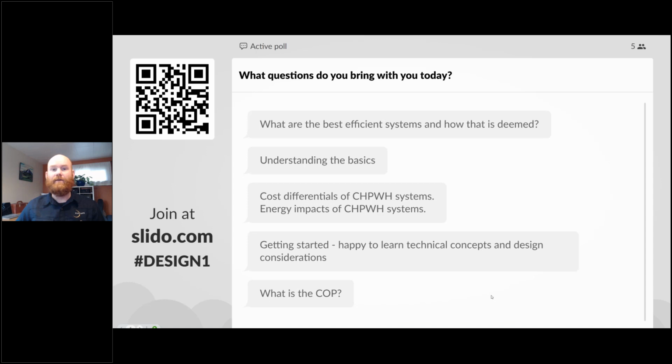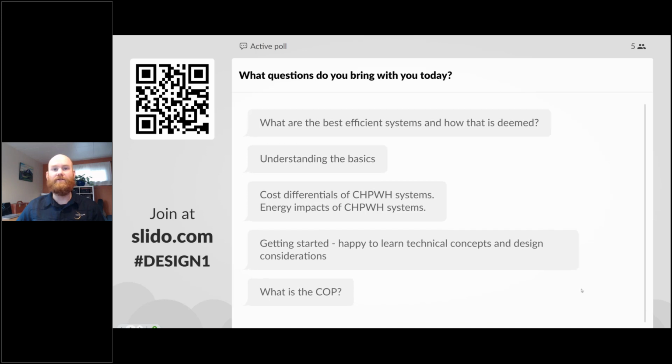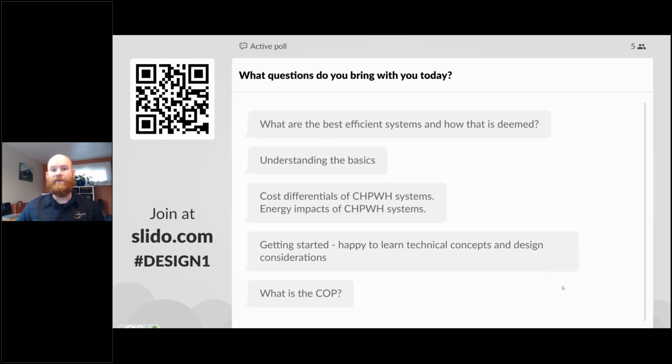So it operates at a much higher efficiency because it is more efficient to move heat than it is to make heat. That's going to be operating at a COP closer to 3.0 or 300% efficient, which is really why a lot of the codes, the jurisdictions, and a big national effort are getting more of these highly efficient systems into the buildings that we're designing and constructing today. So great question so far.